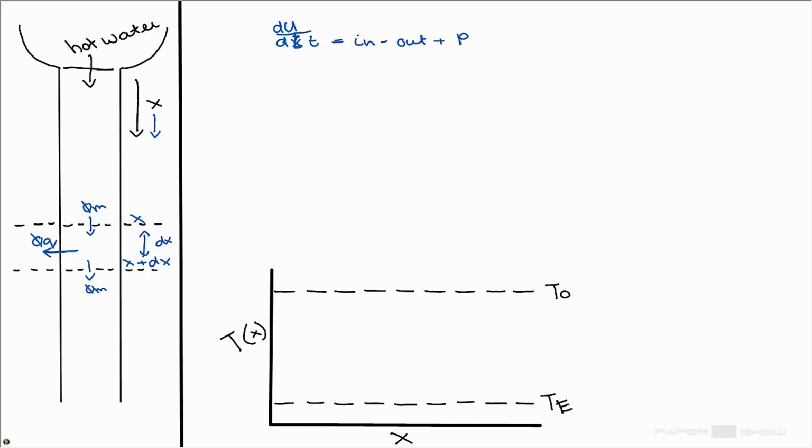And since we are at steady state, which we assume because we're looking at longer times, the inflow is the mass inflow times the internal energy at x, minus the outflow times the internal energy at x plus dx, minus the heat flowing out, q.